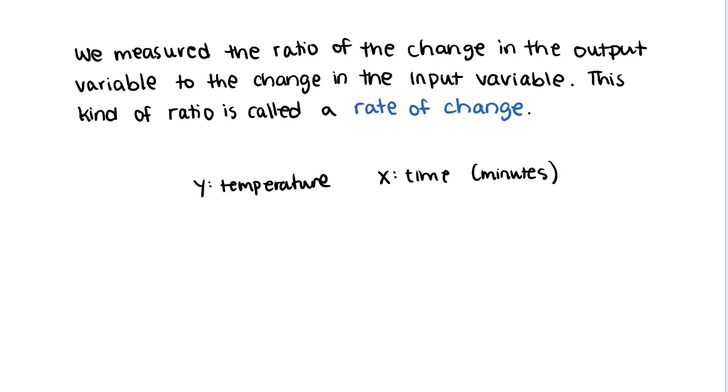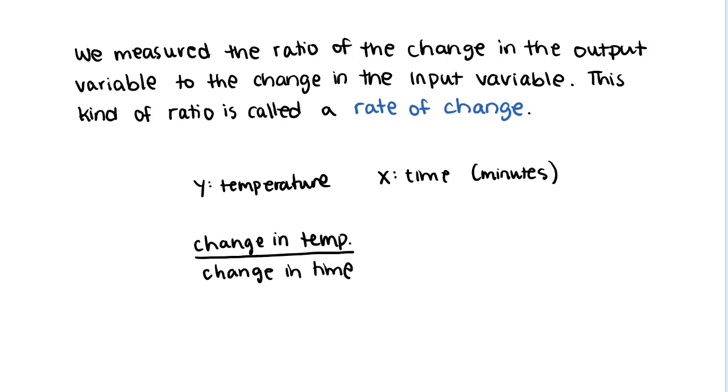And so we saw that we were interested in the change in the temperature, and we divide it by the change in time to get that rate of change of the temperature for every minute, how fast the oven was heating up.